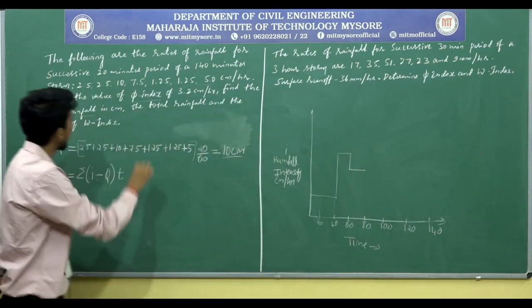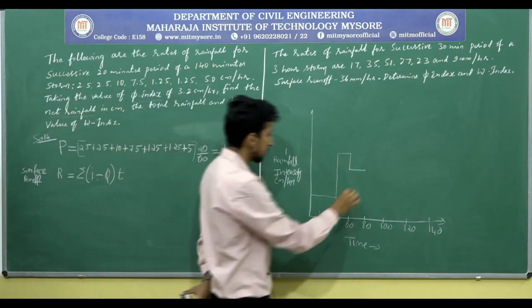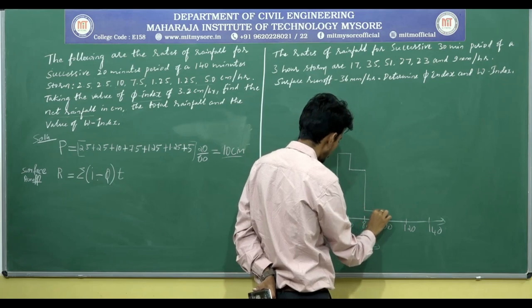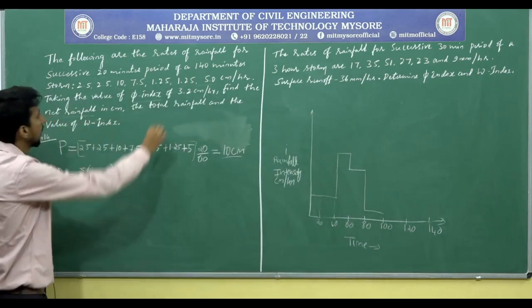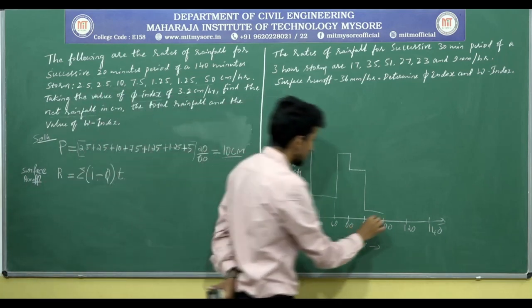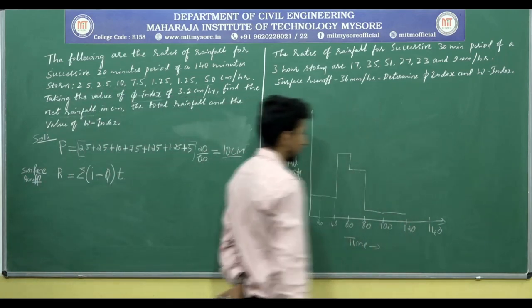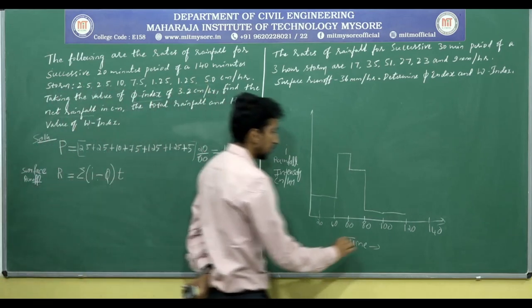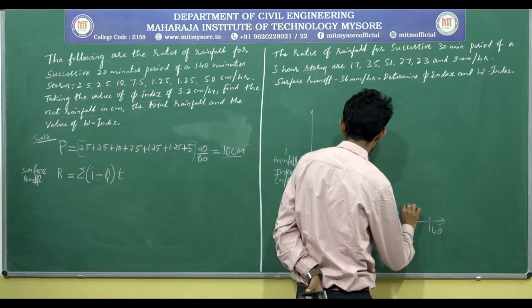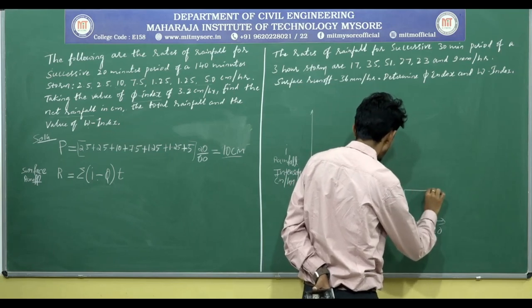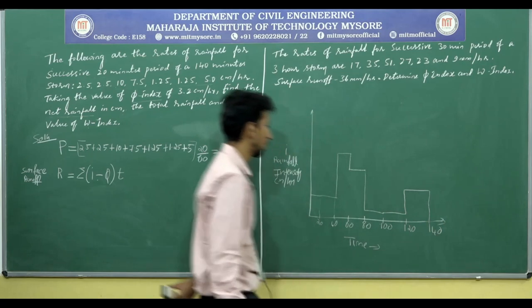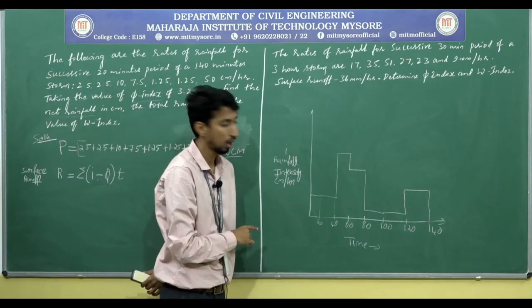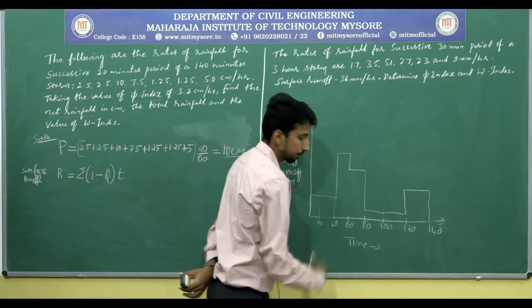Next, it is 1.25. Again, it is 1.25. And for the last 20 minutes, it is 5. This is the hyetograph for rainfall intensity and time.